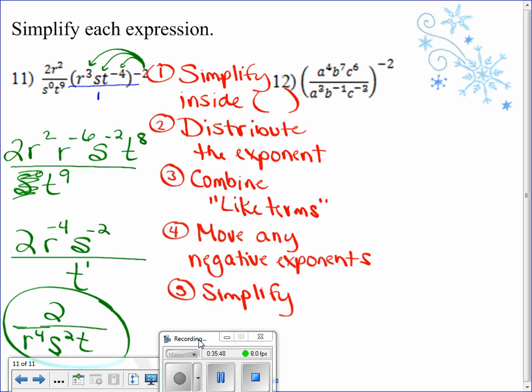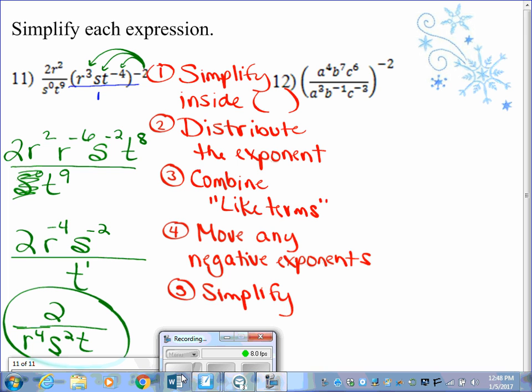One to go. Try it on your own? No! Yes, on your own. See how we do. That one's not that bad. So last problem. Step 1, simplify inside the parentheses. Walking around, some of you did not do that as your first step. That's fine if you didn't, but I'm going to do it that way.